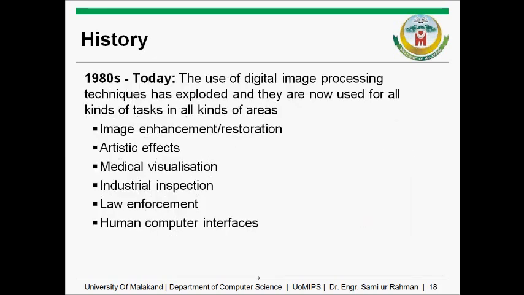Okay, and today you can see that image processing is used everywhere. It is used for increasing the quality of the image. It is used in the field of medicine. It is used in industry for inspecting different objects, and it is used for security purposes, for identification of different objects and people.